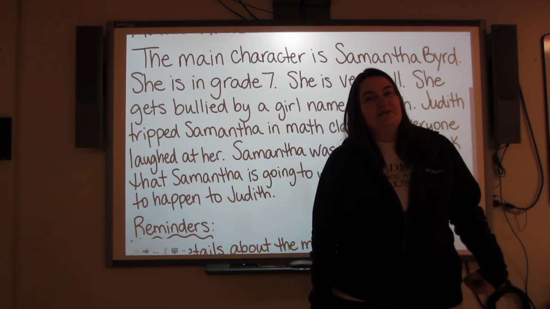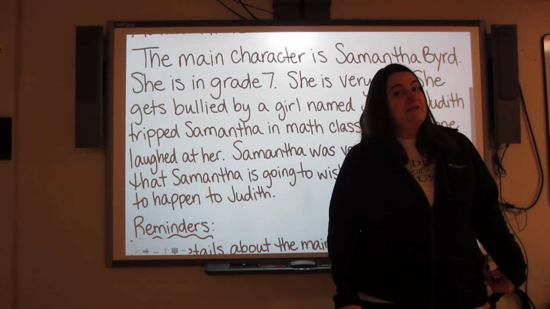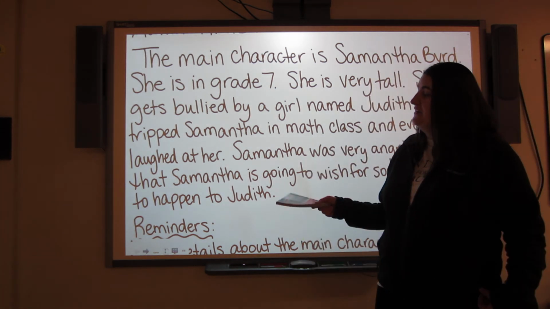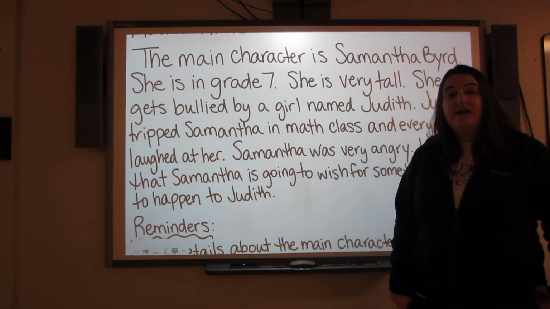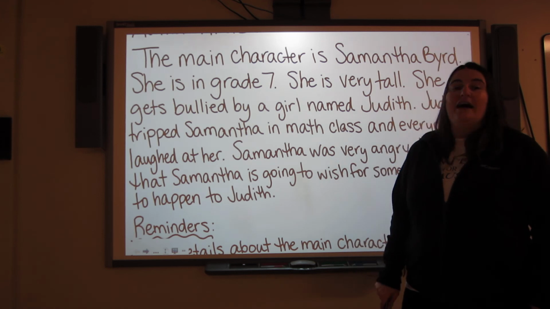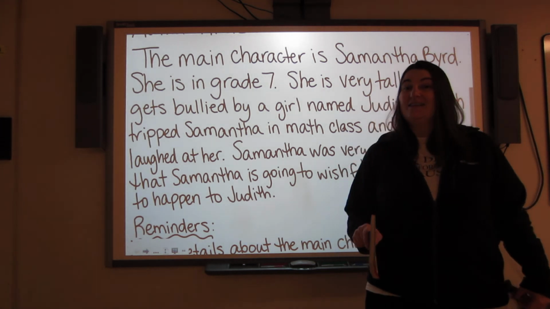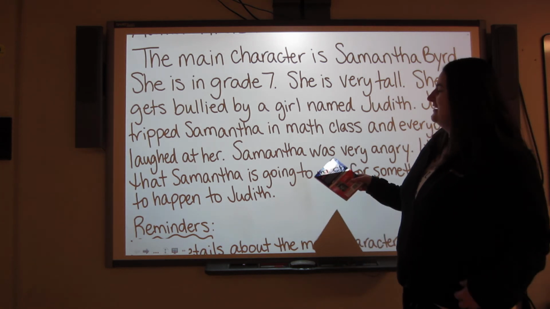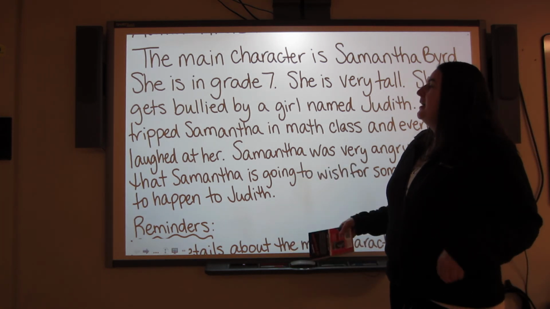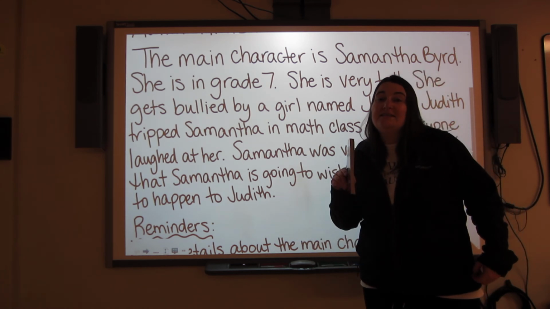Last year, a number of students would write anything for their prediction. Like, every single time they did this, their prediction was the same thing. I think that everyone's going to die. Well, that's not acceptable, and it's not going to get you any marks. So, I expect you to do a prediction based on what's happened so far that makes sense.